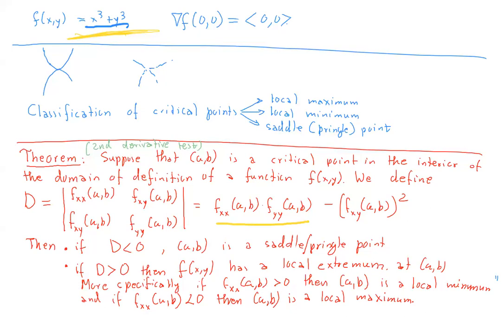So for the function that I just gave you, this test is going to be inconclusive. It's going to be useless. And you will have to use, for example, a remark like the one that I made in order to conclude what is going to happen. There are many, many interesting things that can happen when the test is inconclusive, actually.